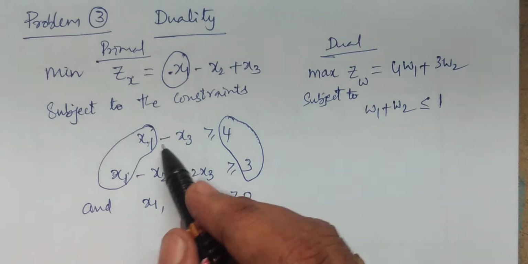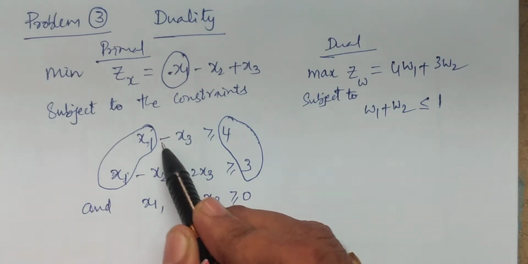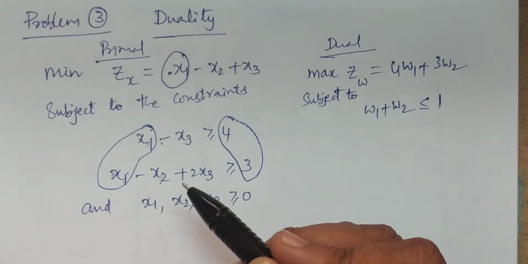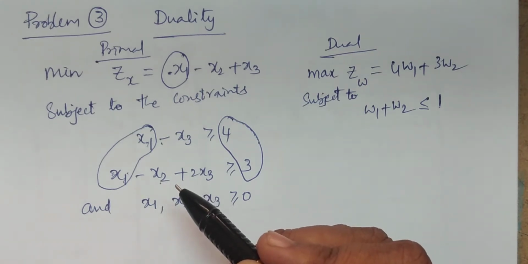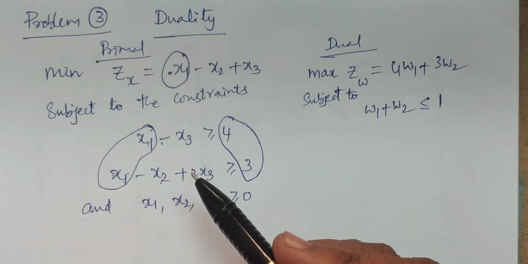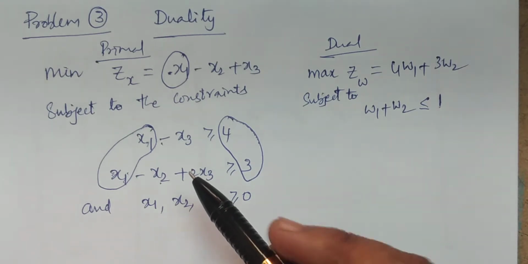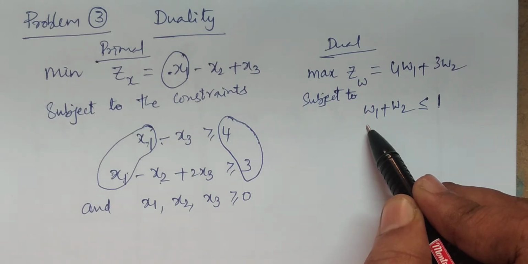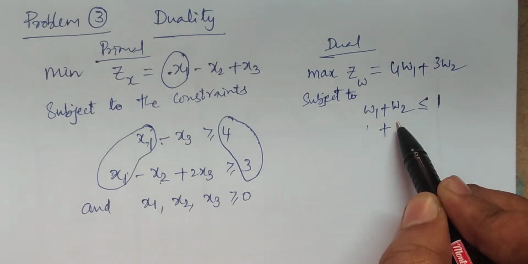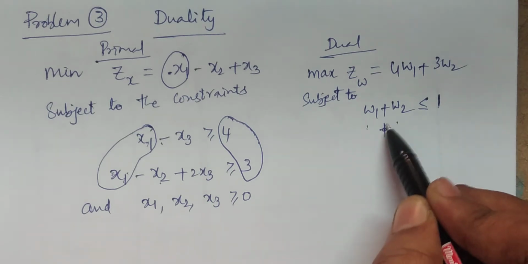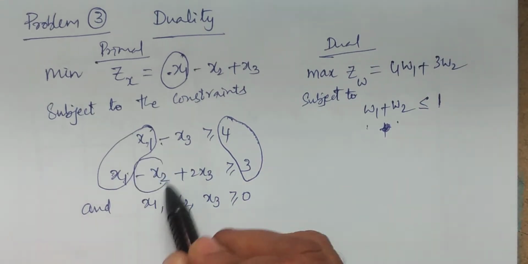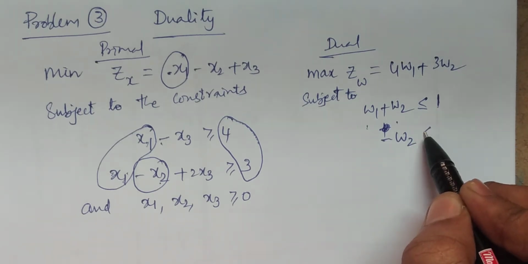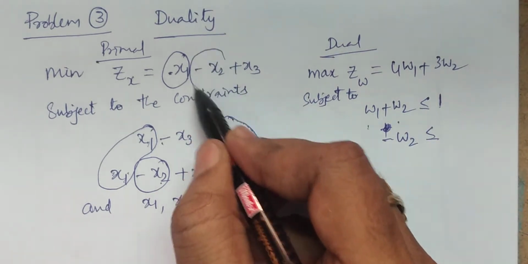Similarly consider the second one: there is no x2 here, and here is one particular x2, therefore you can consider this as 0 plus 1 into omega 2. Yes, definitely, the coefficient is minus 1, so minus omega 2 is less than or equal to minus 1.